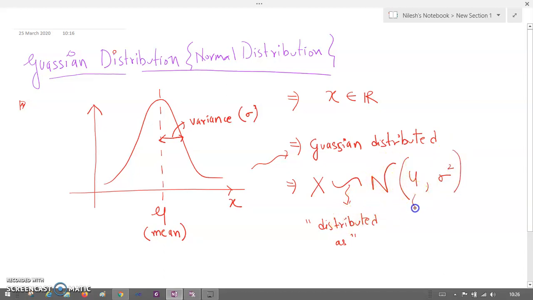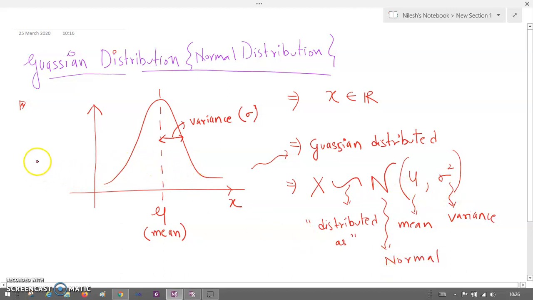So this is your mean, this is the variance, and this N represents normal. So from this graph, x belongs to some dimension, and it is Gaussian distributed, and I can mathematically write it as x is distributed normally by means of the mean and the variance.